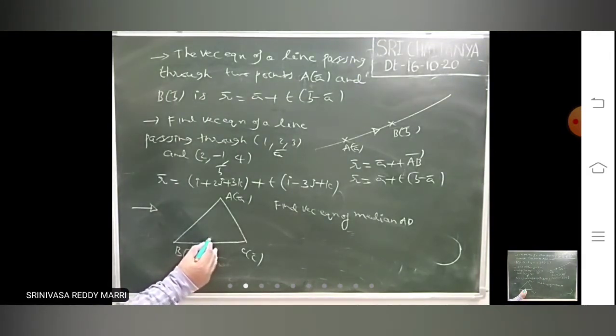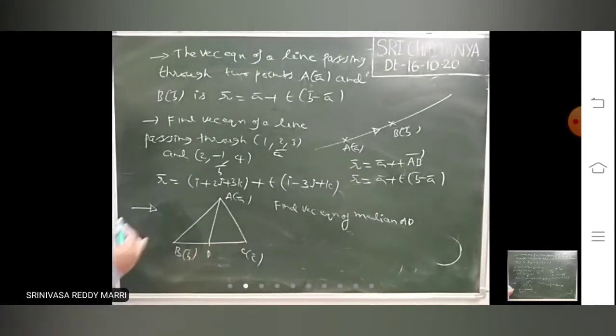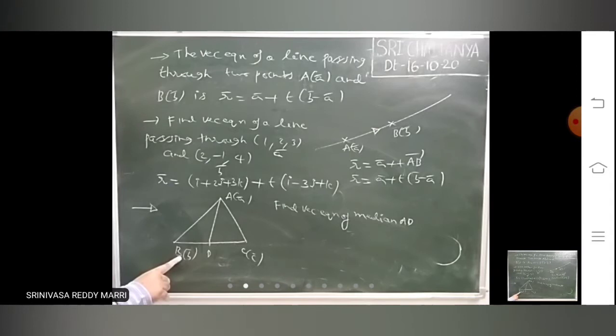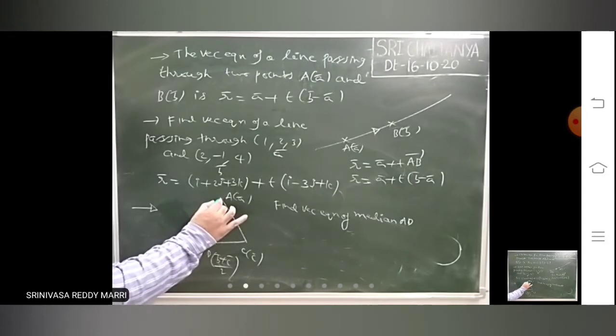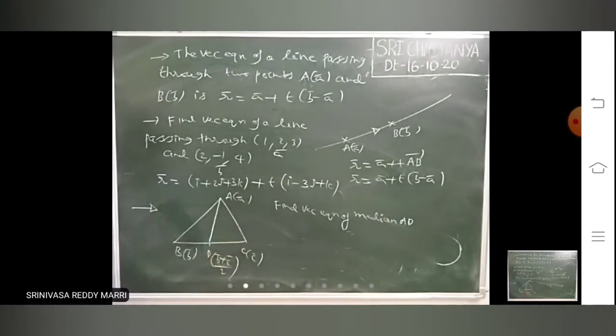Look at midpoint, you take here D. So for AD, the position vector of this is B bar, position vector of this is C bar. Now you can write this point's position vector: B bar plus C bar by 2. Now AD is a line which passes through 2 points whose position vectors are known.